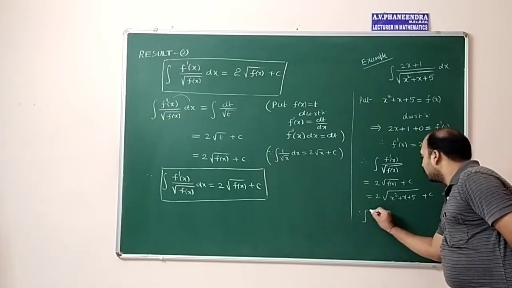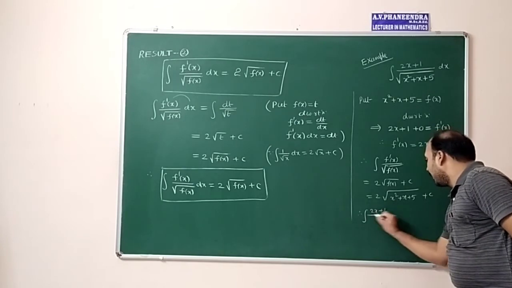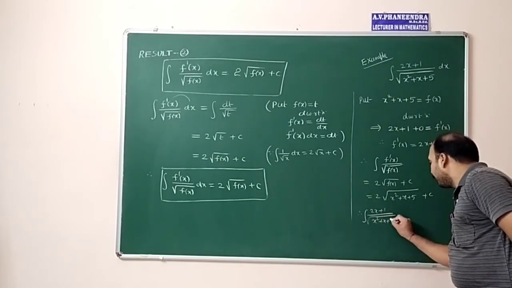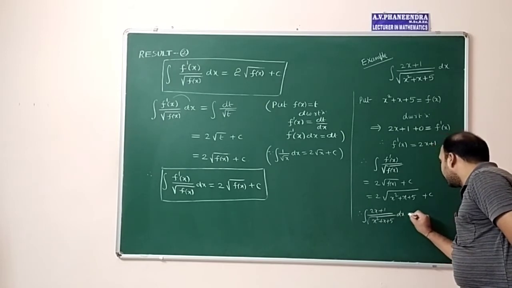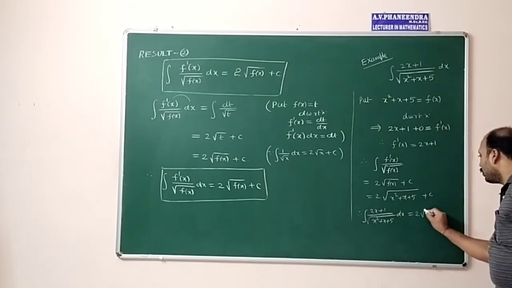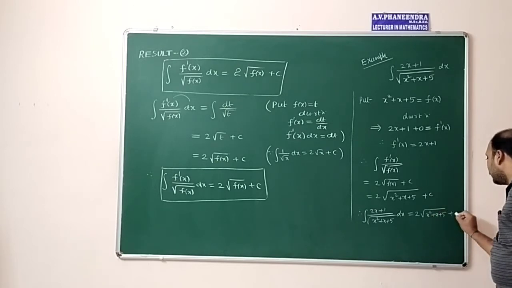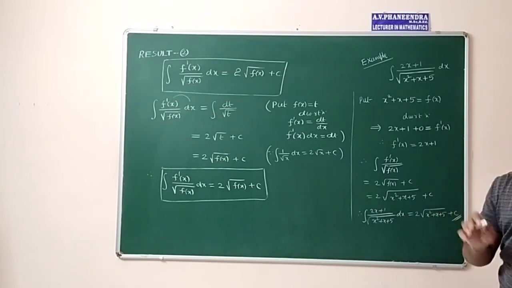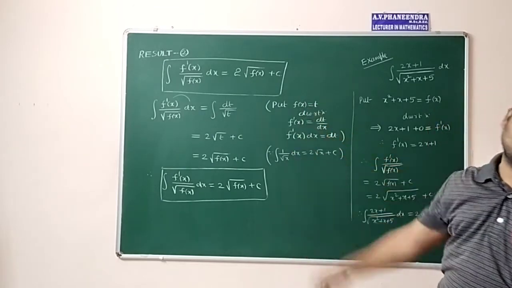Therefore, integral 2x plus 1 divided by square root of x square plus x plus 5 into dx is equal to 2 root of x square plus x plus 5 plus c. Like this, we have to apply the result.